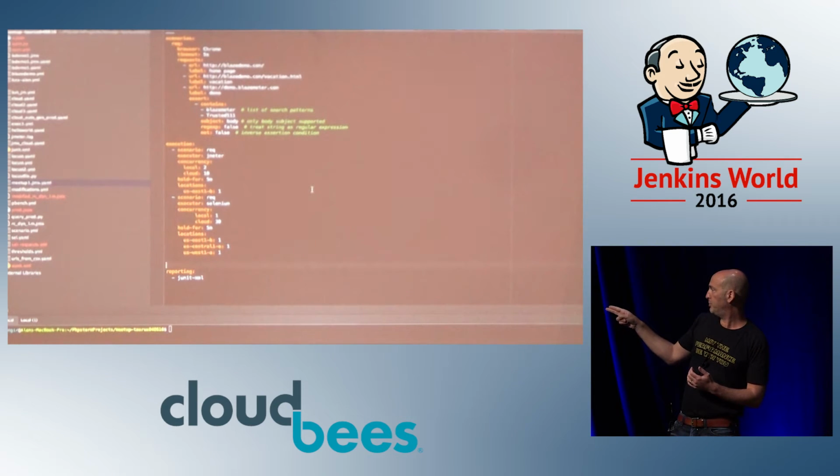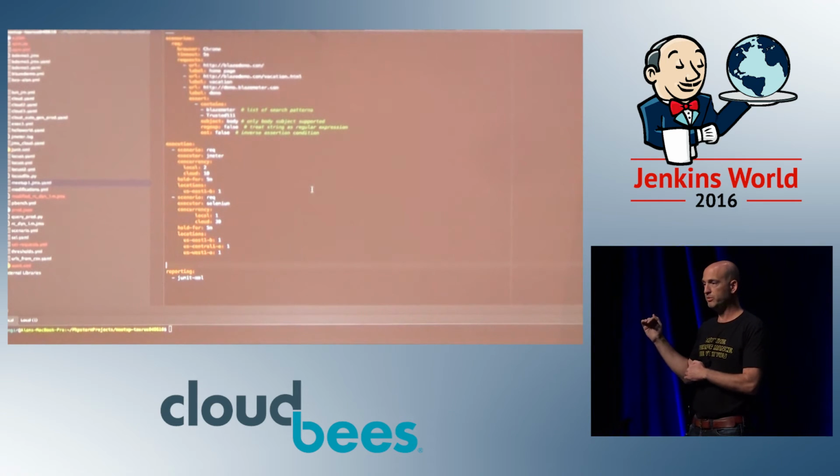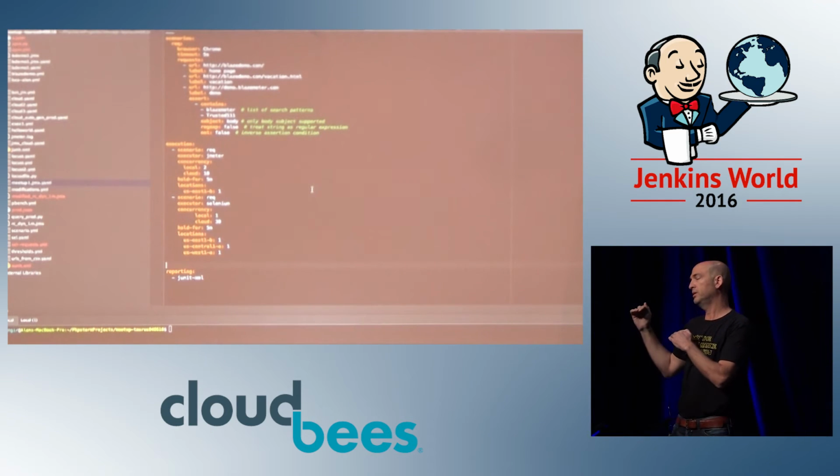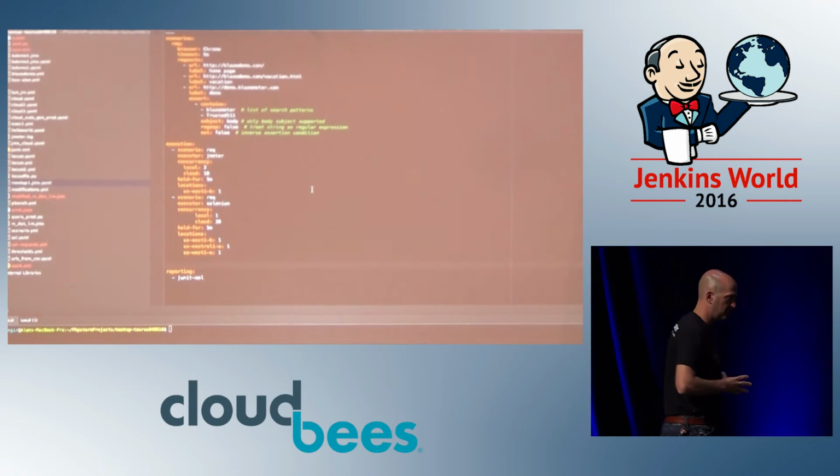The last portion, reporting JUnit XML, basically I'm telling the same configuration file, please put all of the thresholds or the assertions or whatever in a JUnit XML file so Jenkins will be able to interpret and continue from there.